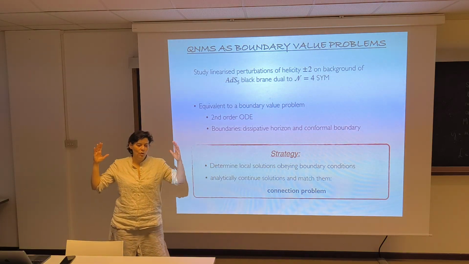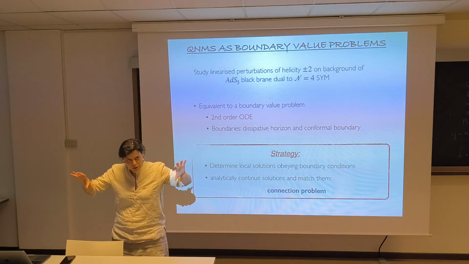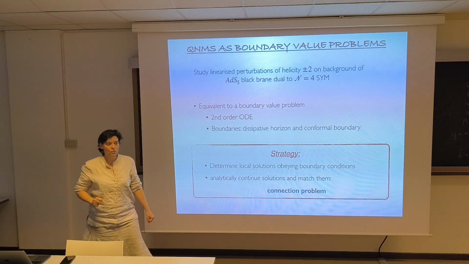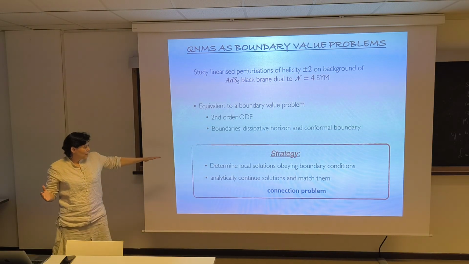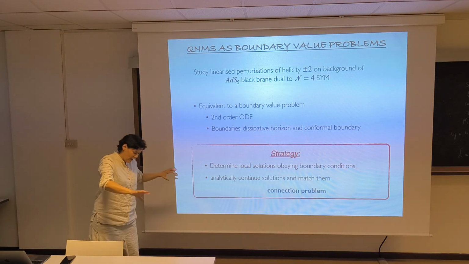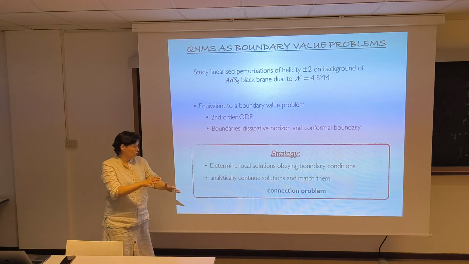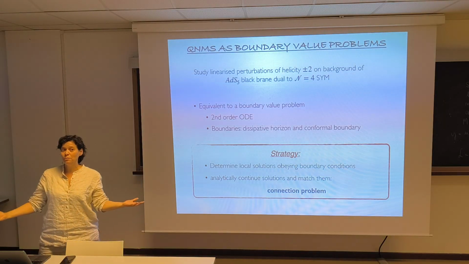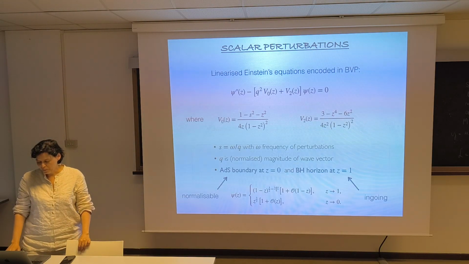I want the solutions on both ends to agree with the boundary conditions, and then use the connection formulas to match them. If I find local solutions on both ends and analytically continue them to match, that's the connection problem. I should then be able to find the quasi-normal modes that obey this boundary value problem.